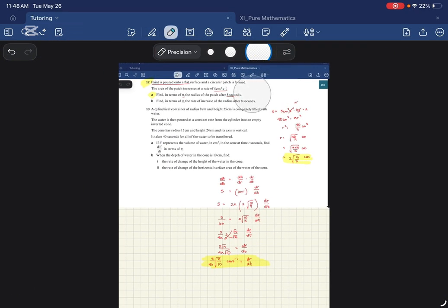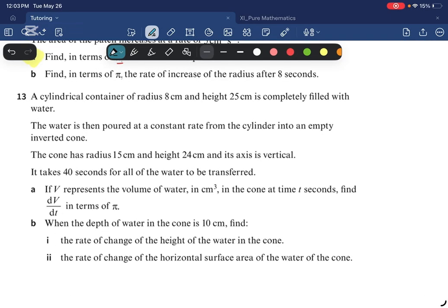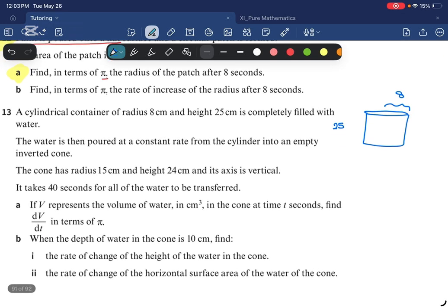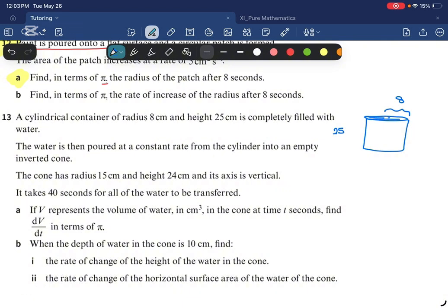And now finally we have... All right, so we are going to try to solve the final question here. So a cylindrical container. So let's just draw our cylinder of radius 8 centimeters and height 25 centimeters is completely filled with water. So if it's completely filled with water, then we know the volume of water here.